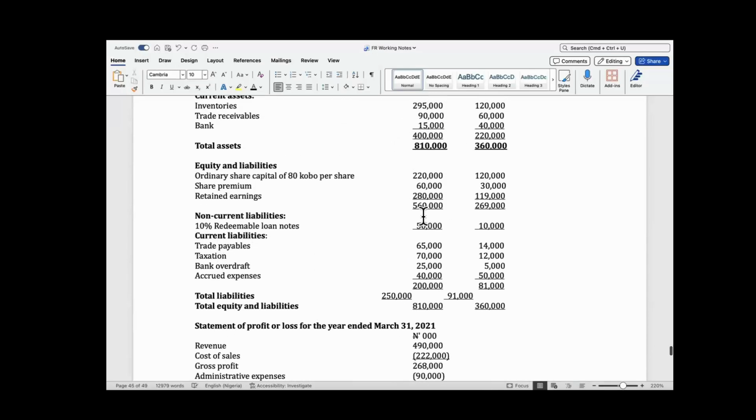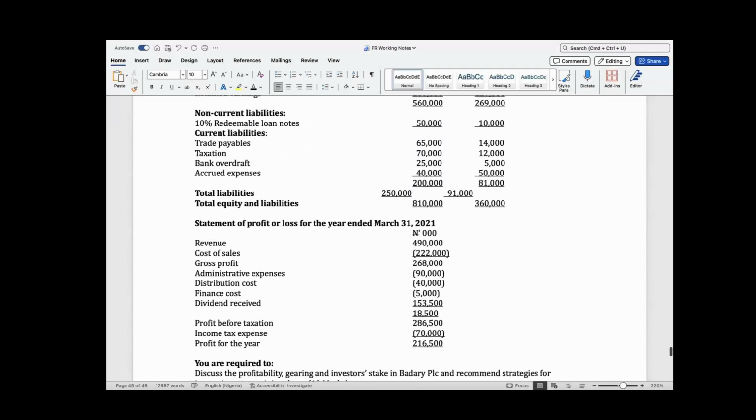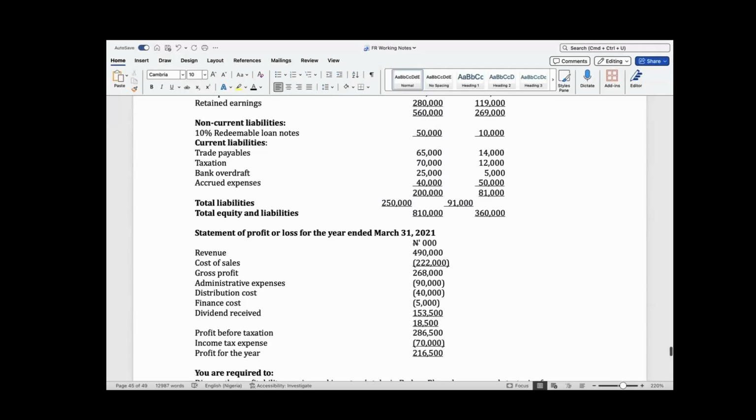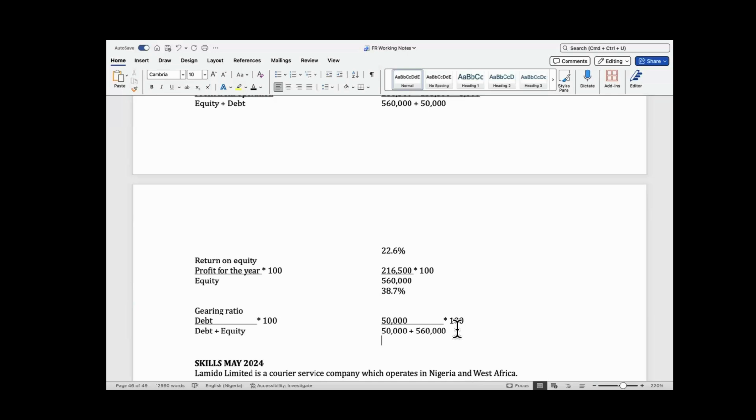So what's our debt? 50,000. What's equity? So how much? 8.2%.